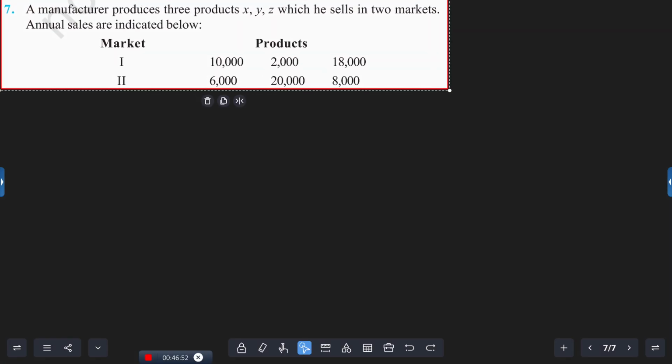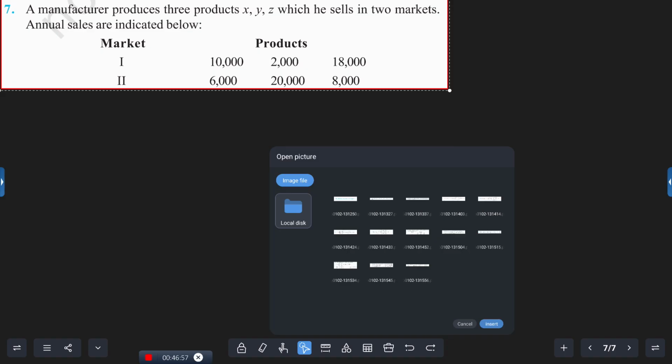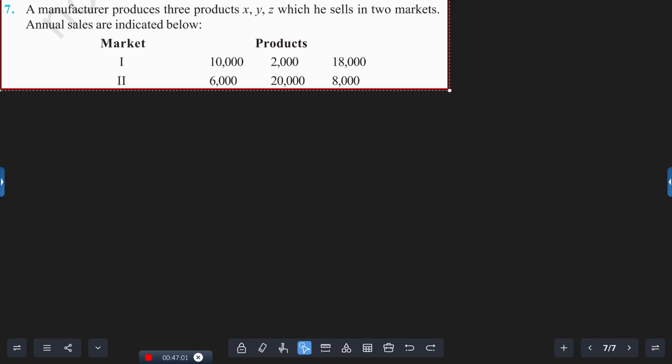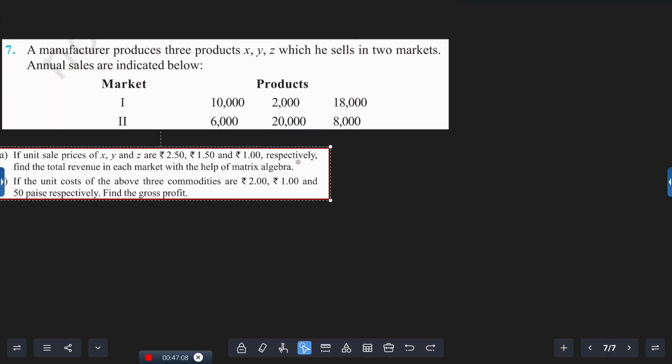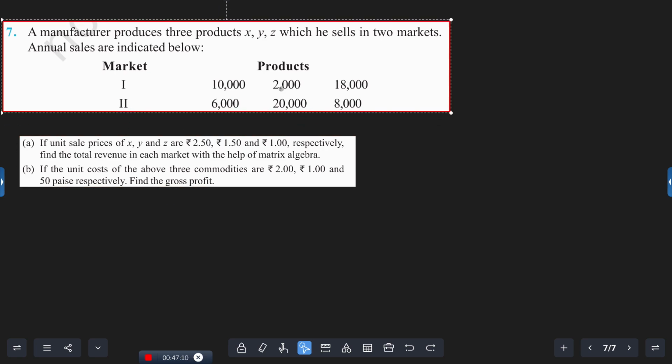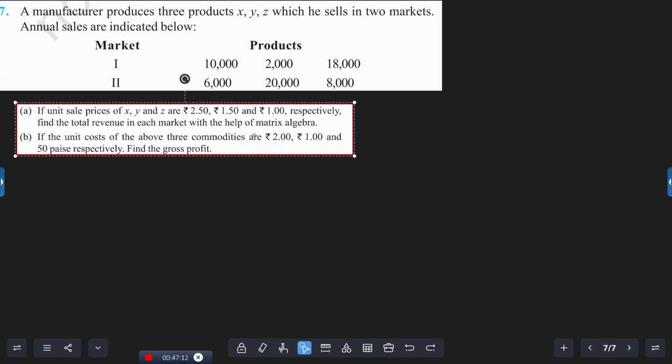Seventh one details are there, and two subdivisions are given here.